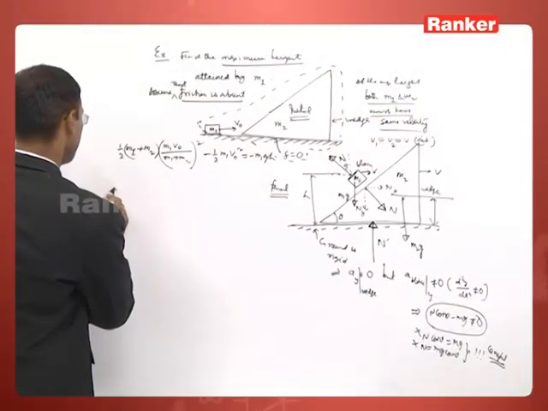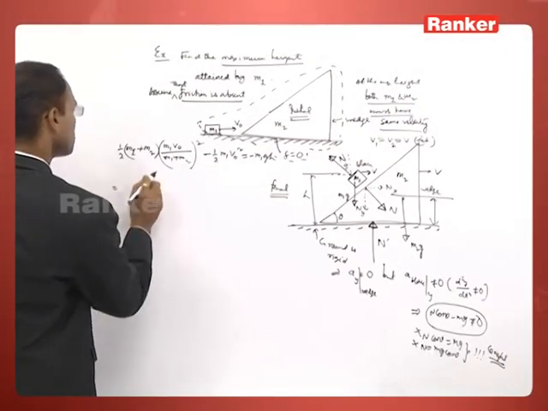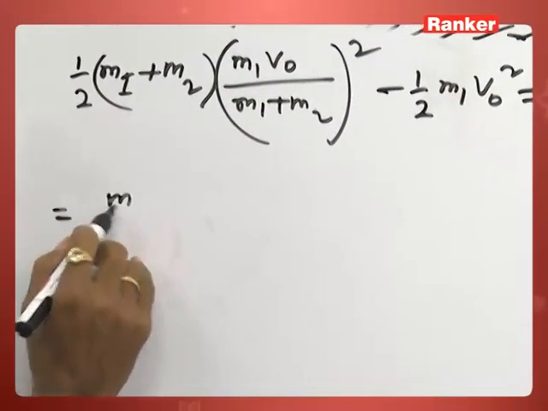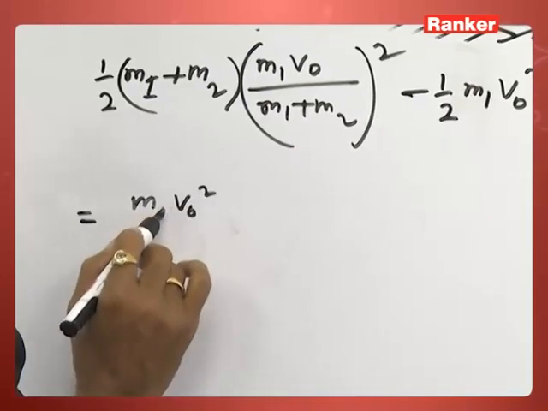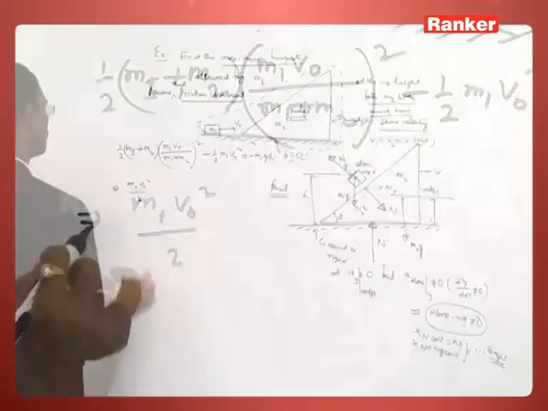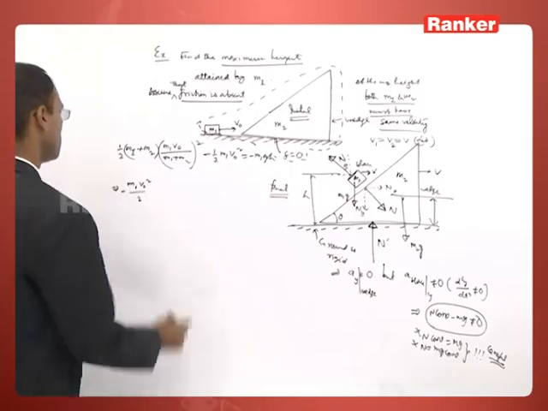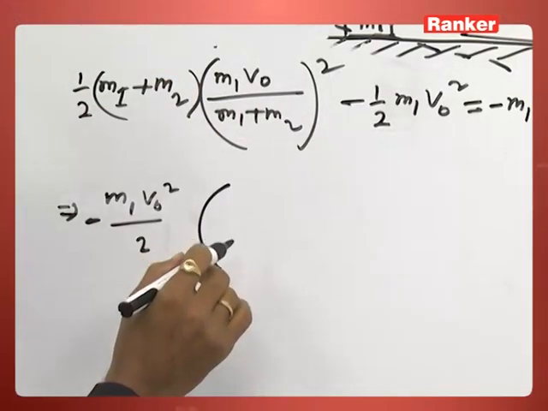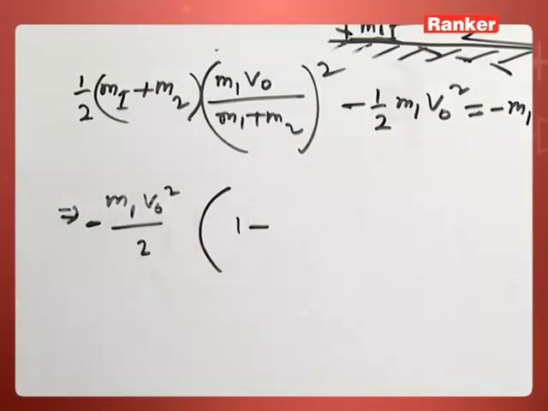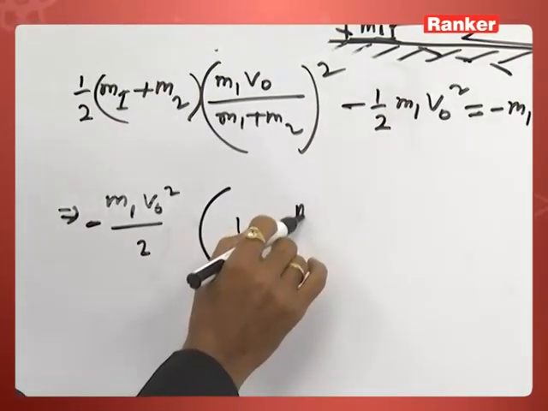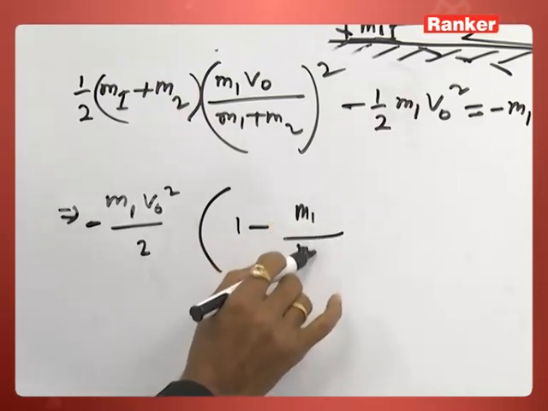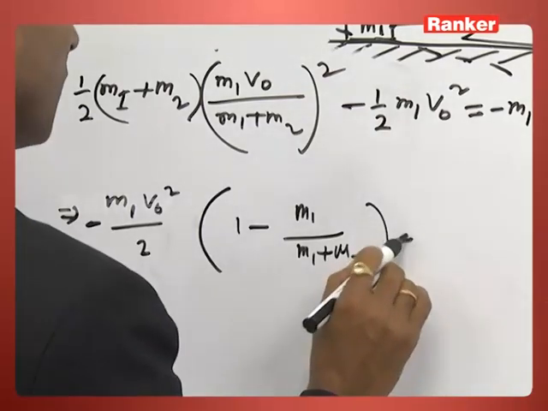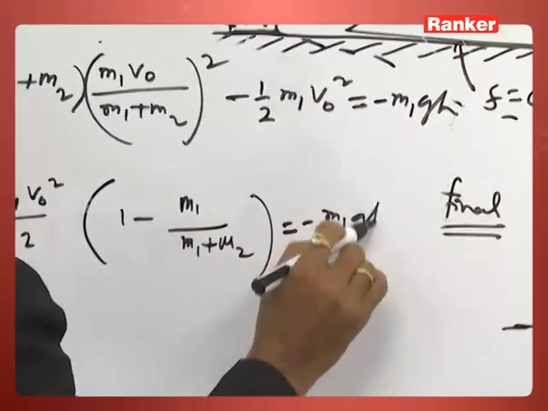We can take some factor common, m1v0 square by 2, and we will get 1 minus m1 by (m1 plus m2), and that's equal to minus m1gh.